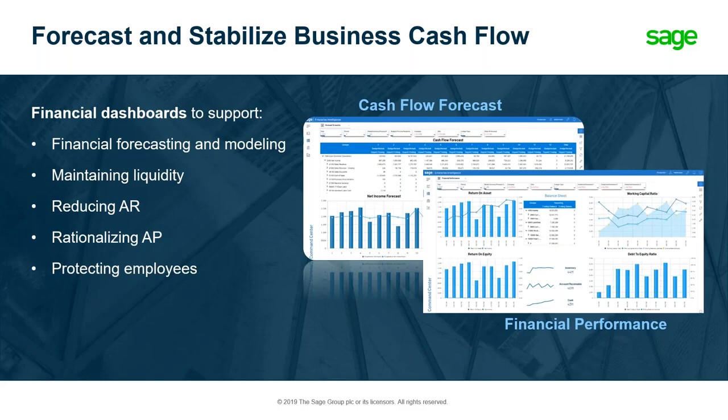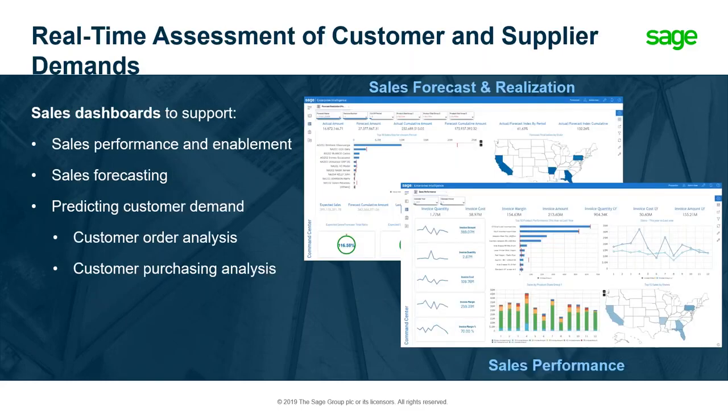Next, we look at the other problems. To understand your customers' and suppliers' demands, we have the sales forecast and realizations, including the sales performance. By having this kind of visualization, you are able to visualize the buying patterns or the trends itself.